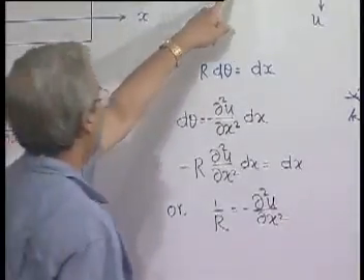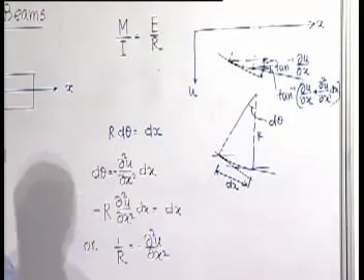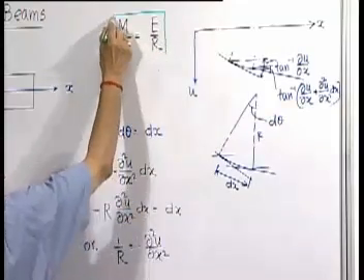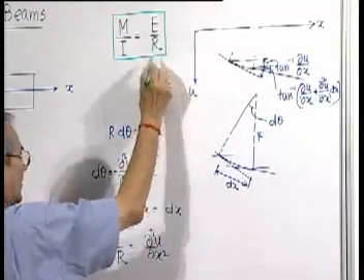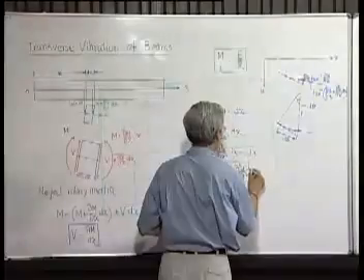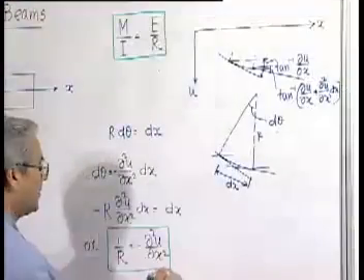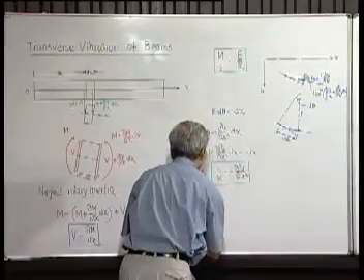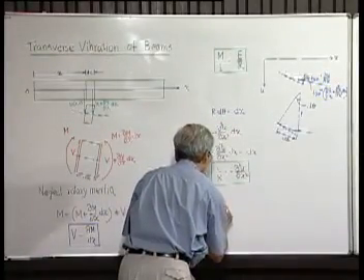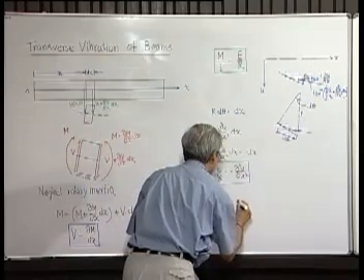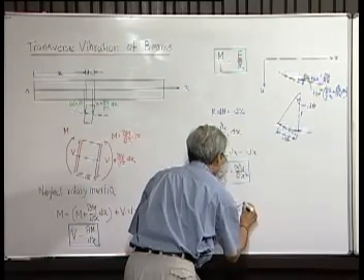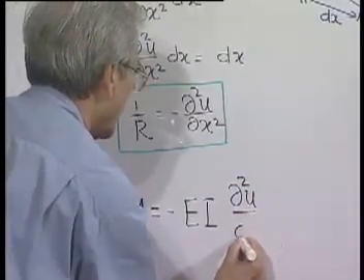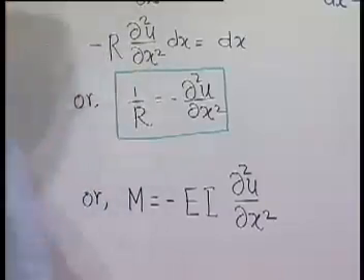So we can write in this equation, using this standard equation, and now we have got another relationship. Using this in this, we get m equal to minus EI del 2u del x square.